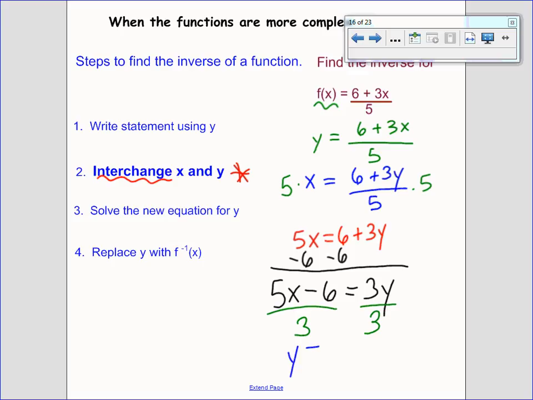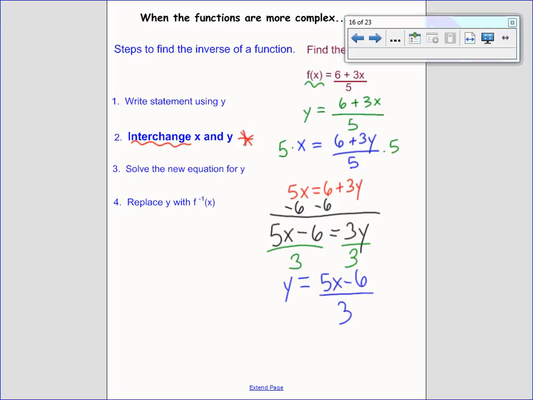So y equals 5x minus 6 all over 3. And I'll replace that new y with f inverse of x in accordance with my proper notation. So if y equals 5x minus 6 all over 3, then f inverse of x equals 5x minus 6 all over 3.